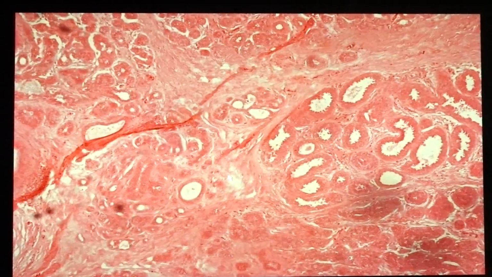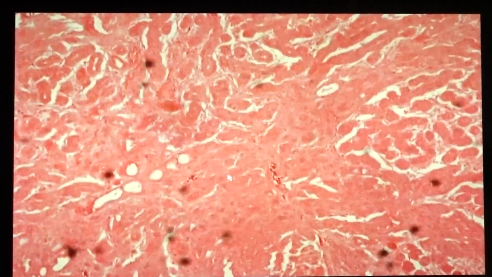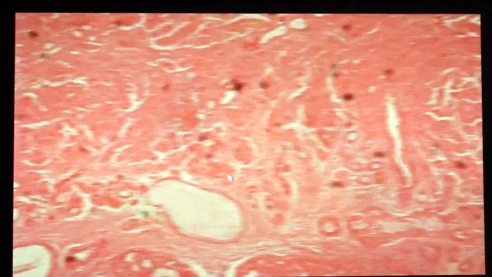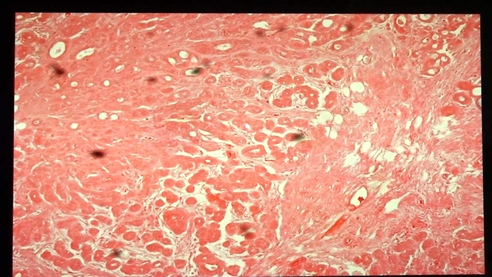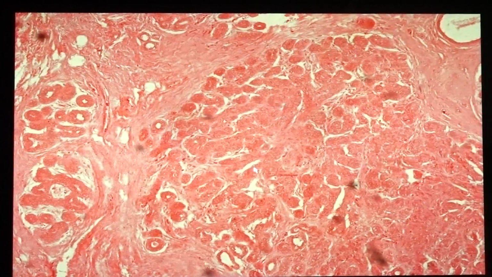So this is sclerosing adenosis. Just make sure that you would be able to differentiate this one from the invasive ductal carcinoma. Again, you can see well-formed ducts and ductules separated or surrounded by fibrocollagenous stroma.